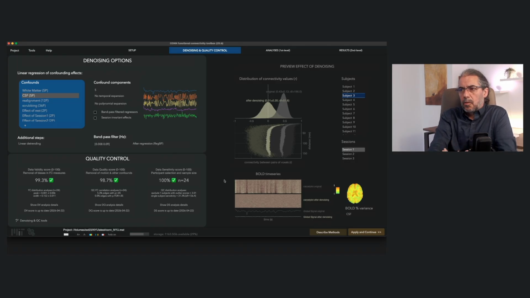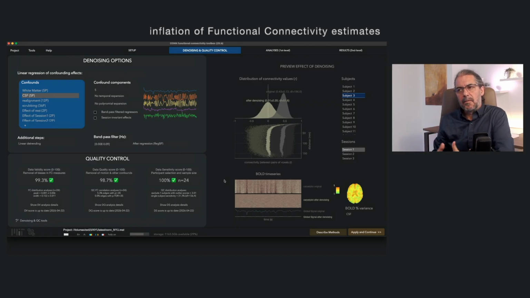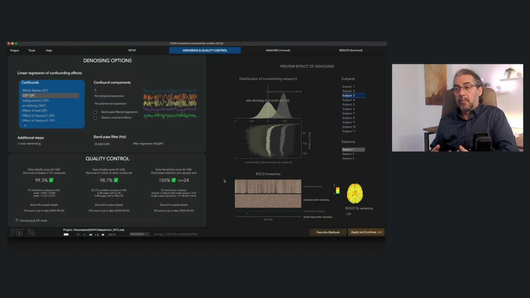When these effects are not controlled for, because they are very large and they also affect large swaths of the brain, perhaps even the entire brain, they tend to inflate functional connectivity measures, because the BOLD signal fluctuations across different voxels will all contain some portion, perhaps even a big portion of those fluctuations will be marked by these artifactual effects. The temporal correlation between those BOLD signals will be very high, or much higher than what it would be in the absence of these artifactual effects. And this is what we call an inflation of functional connectivity measures. They appear to be higher than what they really are without these artifactual effects.